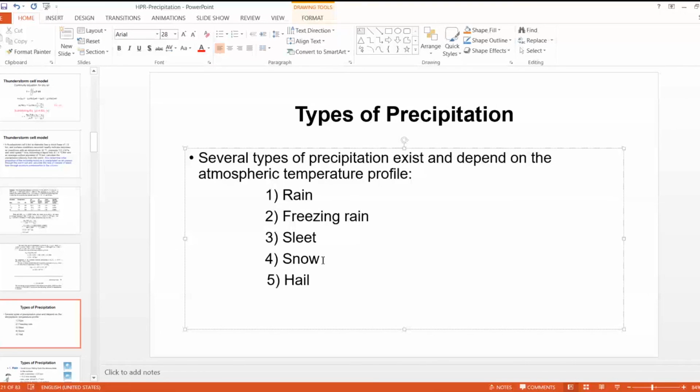Then hail occurs because of the updraft. You can see here, when condensation takes place and these tiny droplets are falling towards the earth, the updraft takes these droplets to higher altitudes.